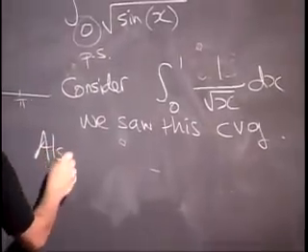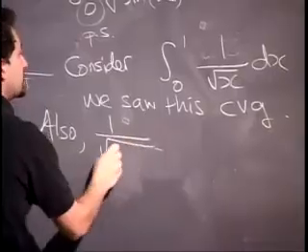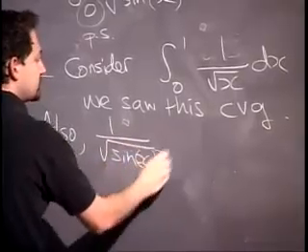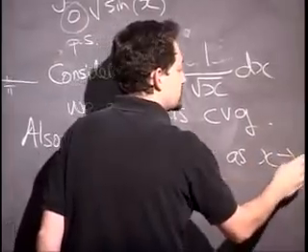Also, from that working over there, 1 over root sine x tilde 1 over root x as x goes to 0 from above.